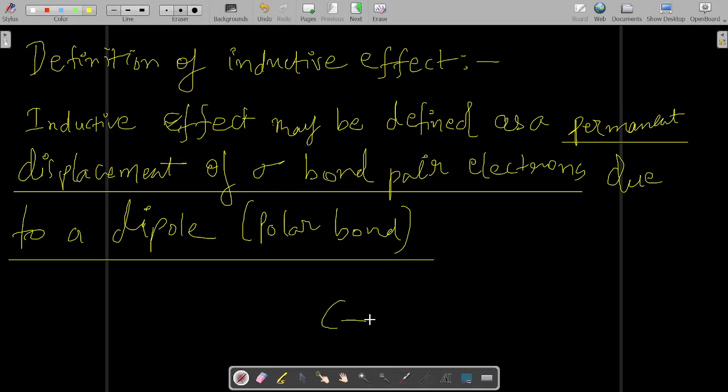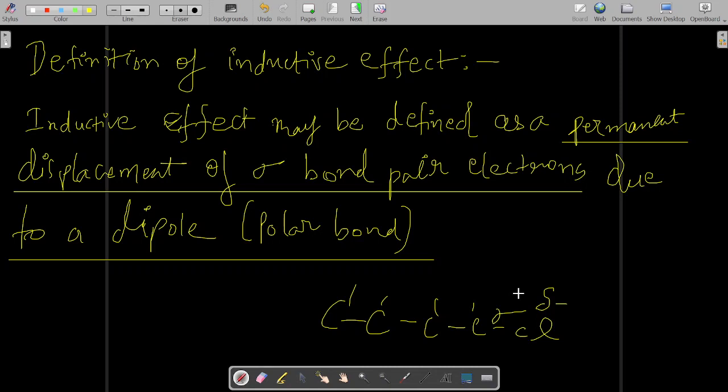For example, 1-chlorobutane, which you had seen: meth, eth, prop, but. It was a permanent displacement of the sigma bond pair. The C-Cl sigma bond was permanently displaced towards the chlorine.